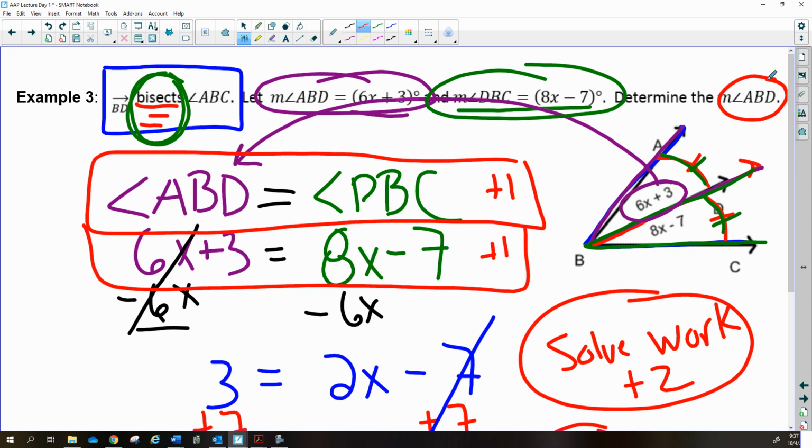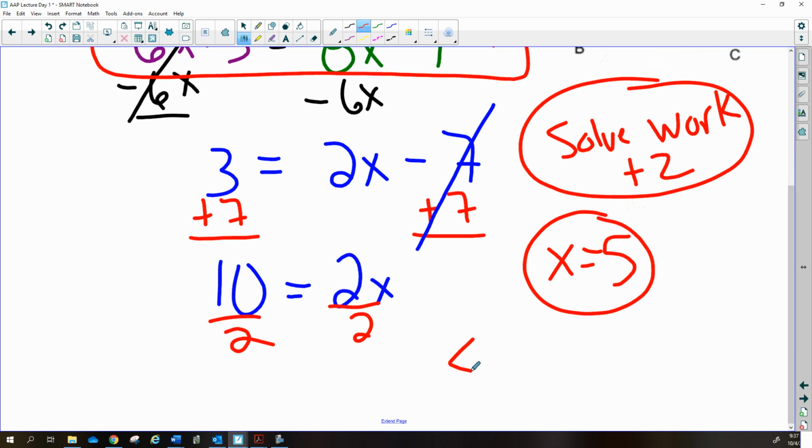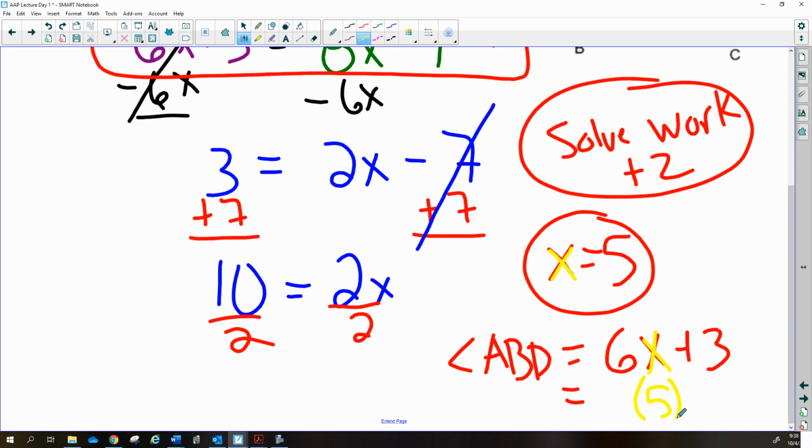Well, angle ABD, as we found out right over here, has an algebra formula of 6x plus 3. So if I want to find out angle ABD, all I need to do is come up here, and where this x is 5, I'm going to put a 5 in place of that x.